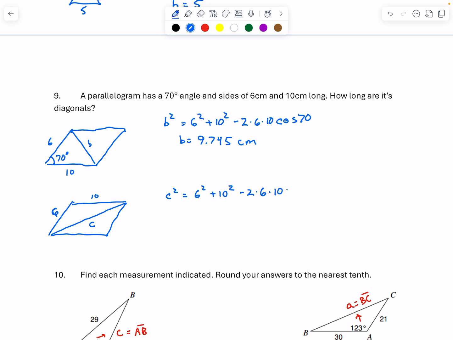Oh no, what's the cosine of? Yes, we can find this angle. So the thing about a parallelogram, of course, is that the two angles that are next to each other are supplementary. So if this is 70, this is 180 minus 70, which is 110.